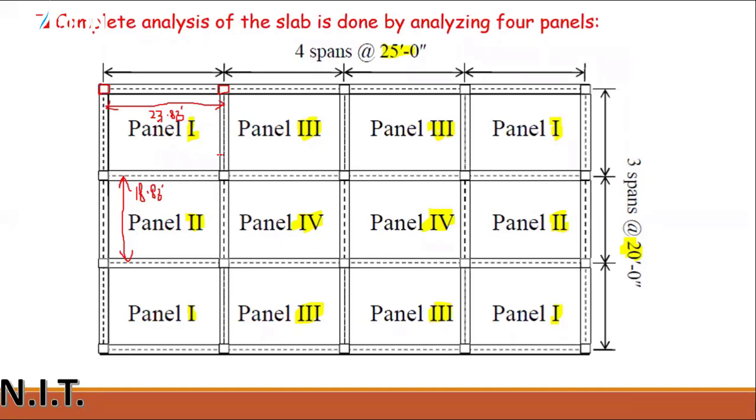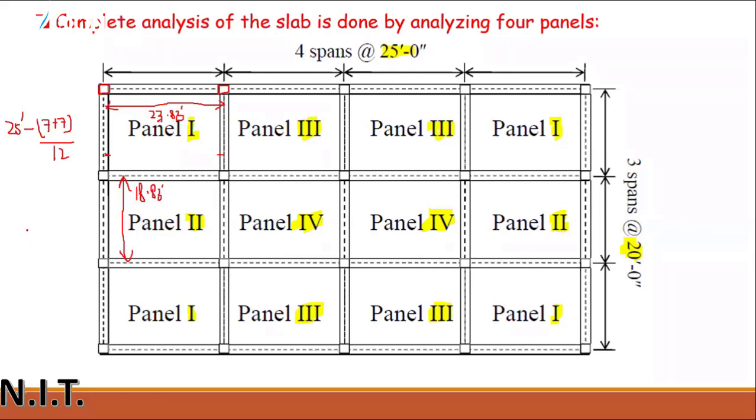Actually, as I have marked here, this is 7 inches. The total dimension of this column is 14 inches. So from 25 feet minus 7 plus 7 inches. Why this 7 plus 7? 7 on this side and 7 on this side, divided by 12, gives you 23.83.